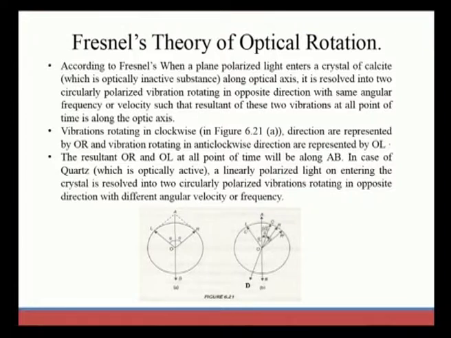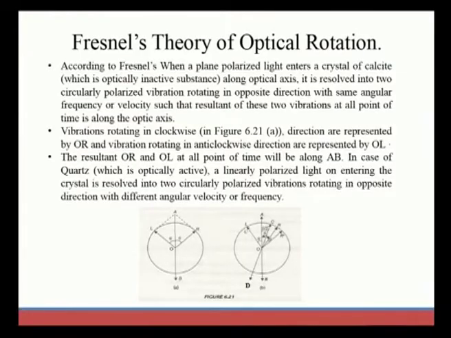So, Fresnel observed some things in optical rotation. When plane-polarized light enters a crystal of calcite along the optical axis, it is resolved into two circularly polarized vibrations rotating in opposite directions with the same angular frequency or velocity, such that the resultant of these two vibrations at all points of time is along the optic axis.